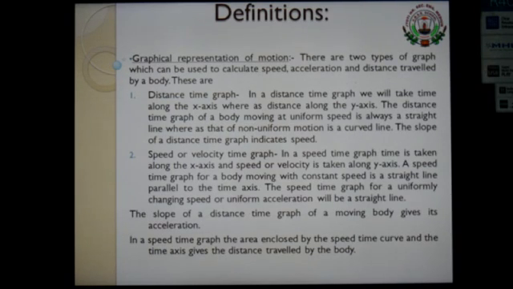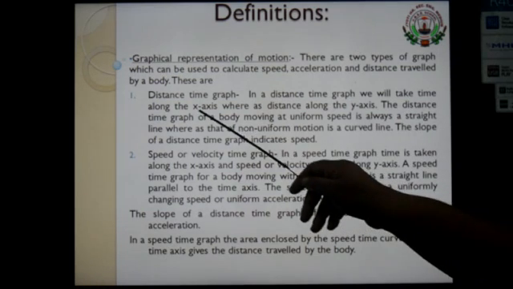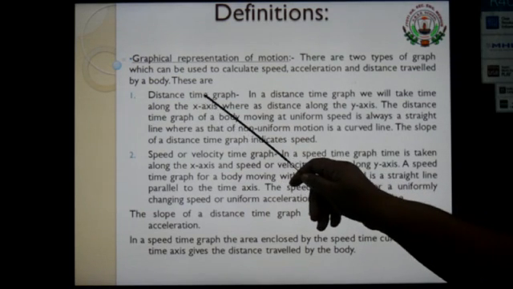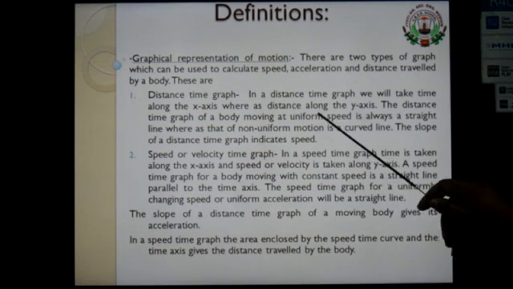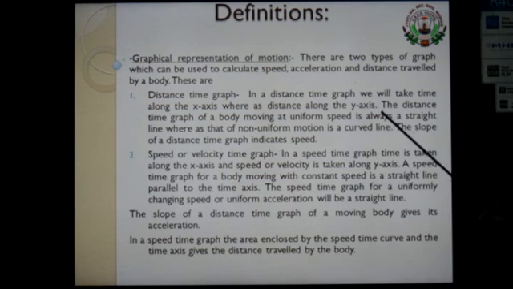We can represent the data related to the motion of a body using a graph. There are two types of graphs. First one is a distance time graph, which means we will take the time along the x-axis and distance along the y-axis.